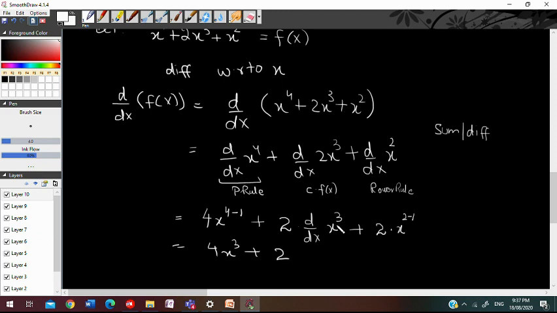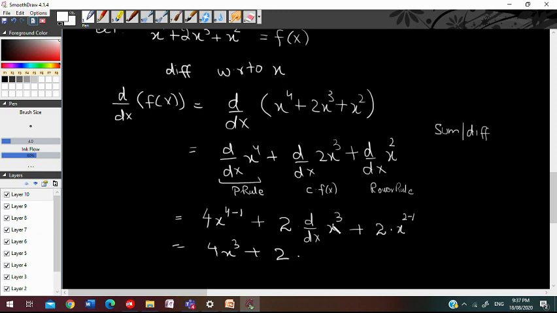Now you can apply the power rule directly here. You just bring the 2 here and apply the power rule on this term. But just to explain, I have written it in more detail. Now 2 is a separate thing.